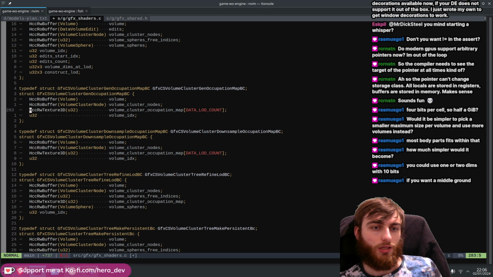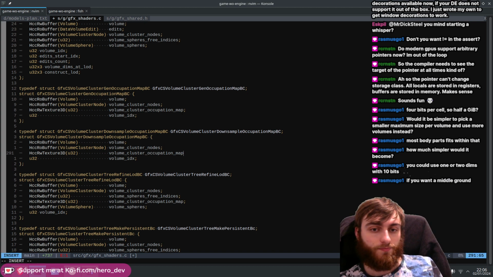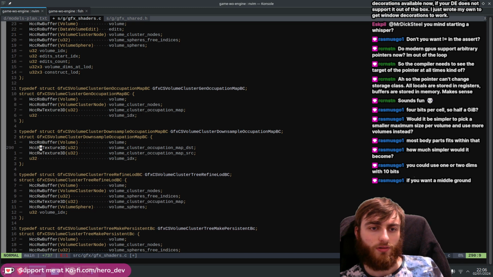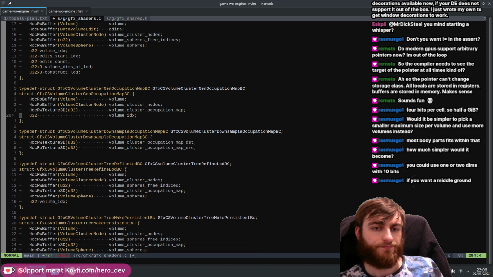So you don't need LOD here, but you need it here. No, you would do like a destination source. We don't need the cluster nodes. Read only from that one. And you shouldn't have to read the volume either.